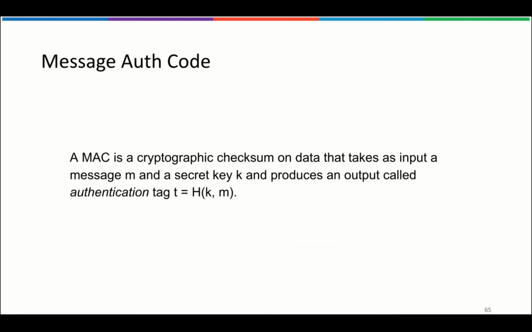A message authentication code is a hash of a key and M. M is the message, and K is a secret key, a kind of symmetric key shared with the client earlier. You take the hash of the key and the message concatenated together. That becomes your authentication tag, and that is the message authentication code, right?